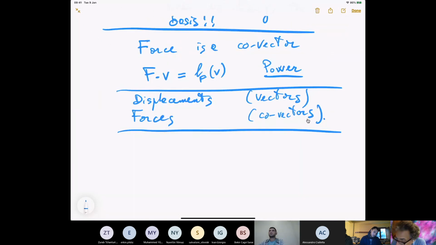Now, as we want to study deformation, we are facing another difficulty. We must deal with a more complicated mathematical object, a linear map.